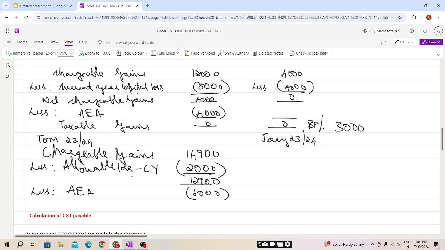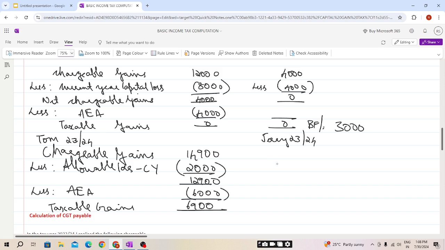Any brought forward loss? No brought forward. Previous year also we did not have any brought forward loss, but here also we don't have, so it will be our taxable gains. So our taxable gains will be, students, 6,900 for the tax year of 23-24 and tax year of 22-23, 0.